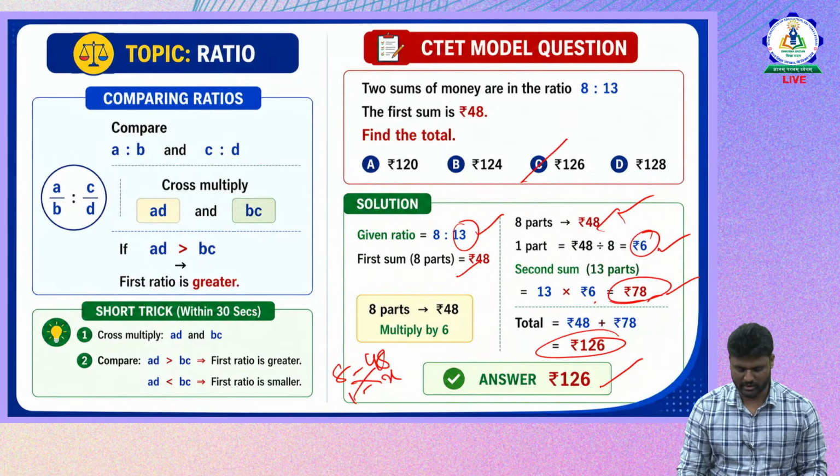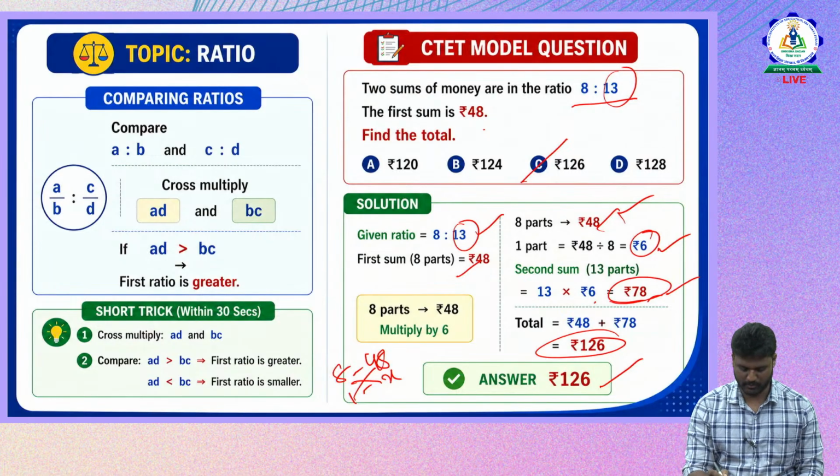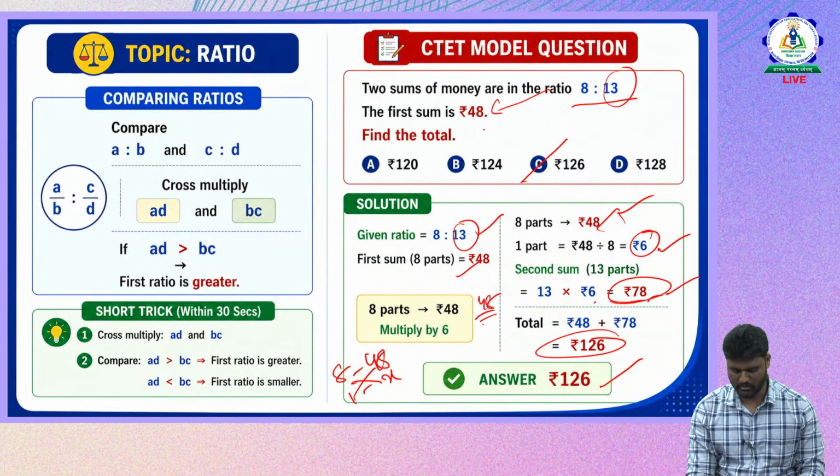What they're trying to ask is, just see. Some money is given in the ratio 8:13, the first sum is 48, and we need the total. We know only the first sum and the ratio, and the second sum we don't know. We need to identify that first. If 8 parts are 48 rupees, then try to find each part. Dividing 48 by 8, we get one part.